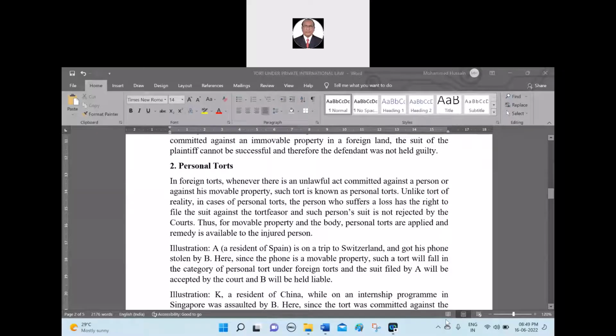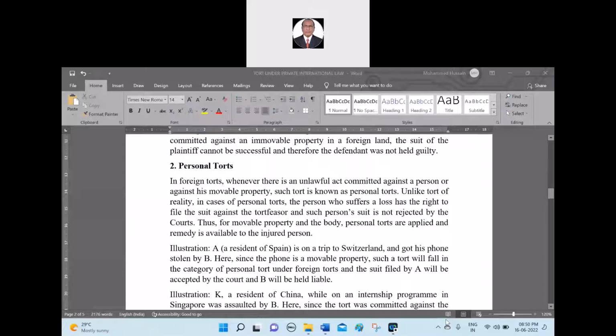A, a resident of Spain, is a foreigner who made a trip to Switzerland and got his phone stolen by B, a citizen of Switzerland. Since the phone is mobile property, such a tort will fall in the category of the personal tort, and hence it can be filed in Switzerland, and whatever the punishment or compensation is there in Switzerland will be paid to A, the resident of Spain.